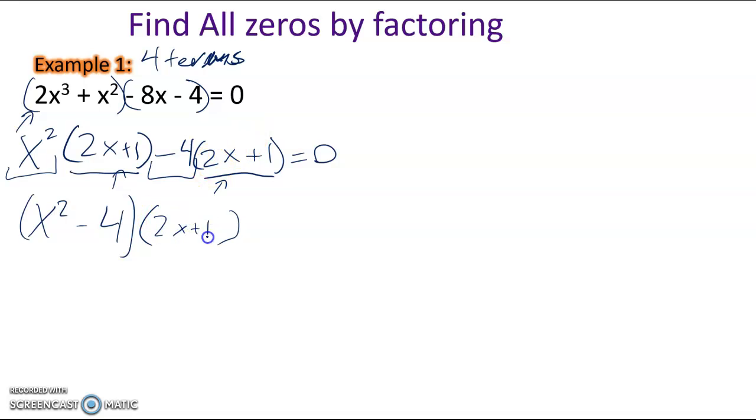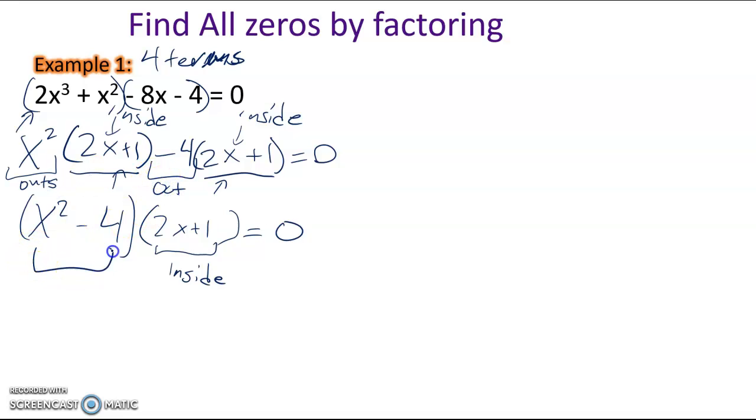Basically, whatever's shared inside the parentheses goes in one factor, and the outside terms go in the other. From there, finding all zeros by factoring, since we've factored all the way, we technically can factor the x squared minus 4, but we can also solve that as well.